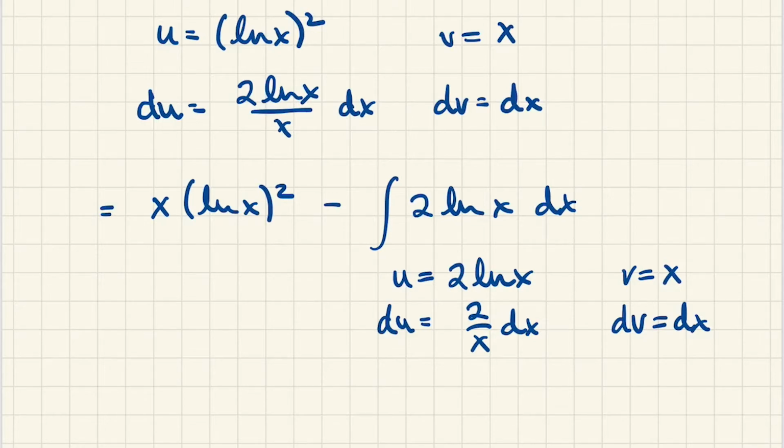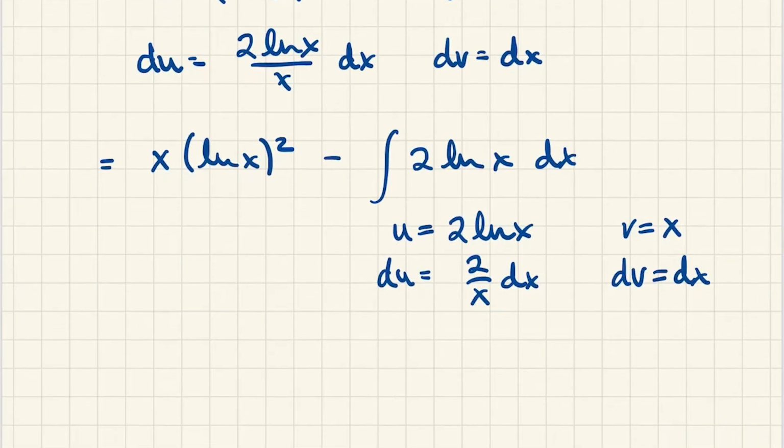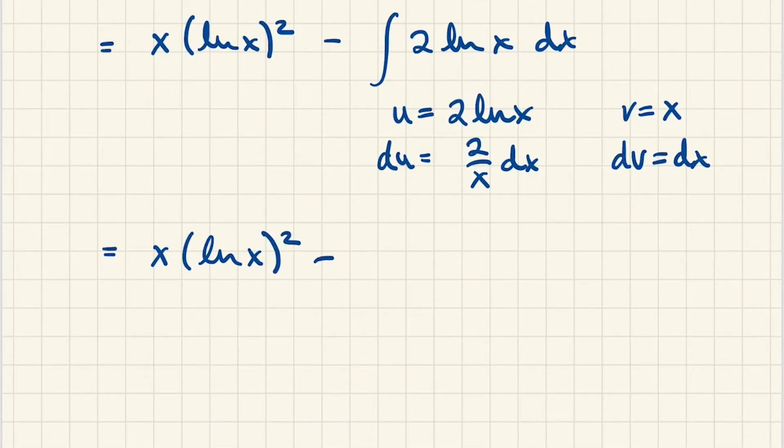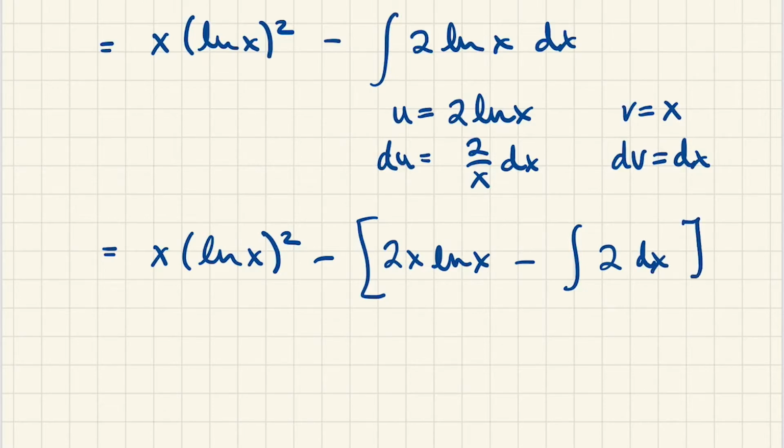All right, so where does this leave us? We have now x times ln x squared minus, and now another round of ultraviolet voodoo. So this will be 2x ln x minus antiderivative of x times 2 over x, which is just 2 dx. Very good. We can now integrate that 2, I hope. So this is something like this, minus 2x ln x.